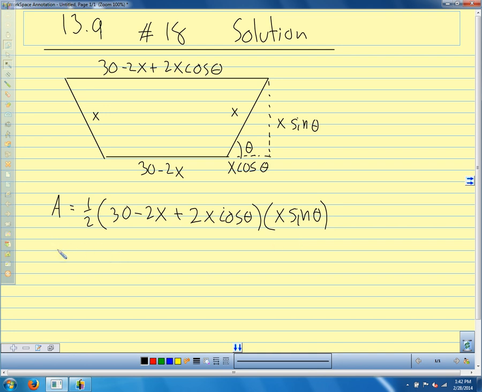I'm going to combine like terms, distribute, get everything together, and I finally get that area equals 30x sine theta minus 2x squared sine theta plus x squared sine theta cosine theta.